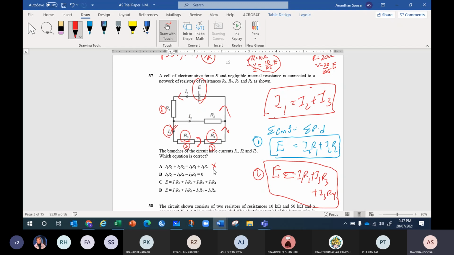It should have I1 R1 here, plus I1 R1 here, then it would be correct. But you don't have that, so A is wrong. So B. I2 R2, I3 R4.